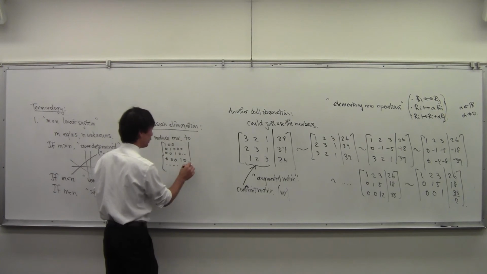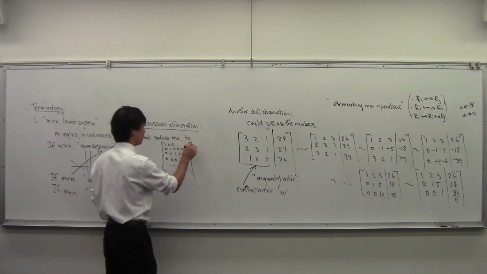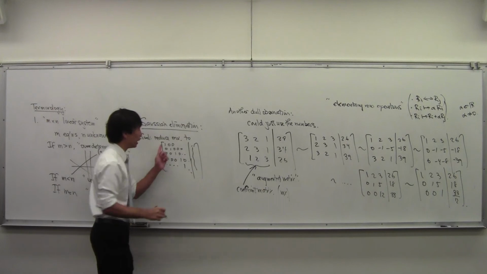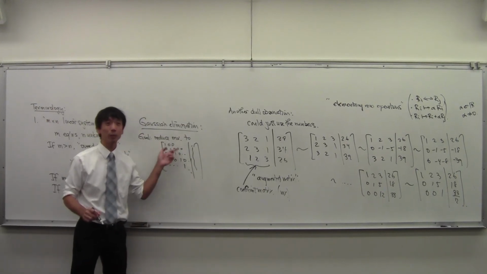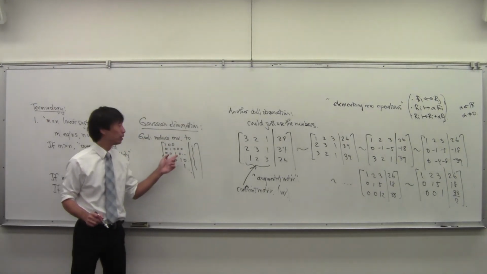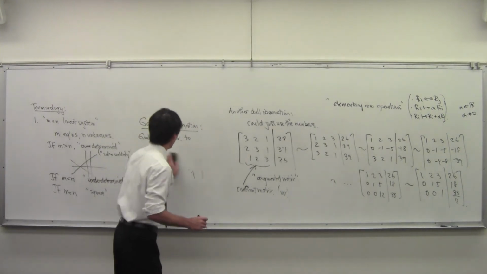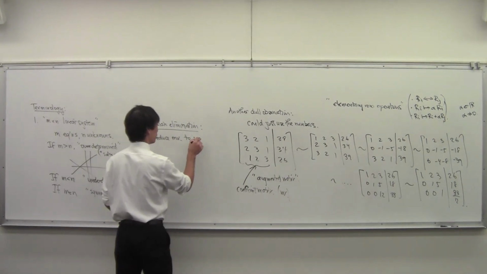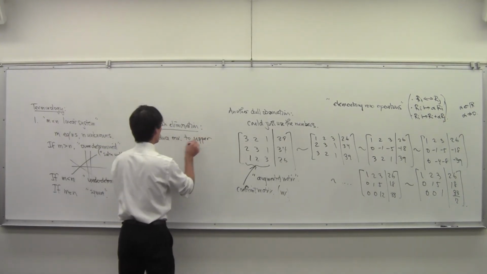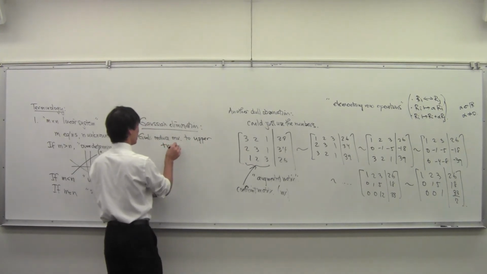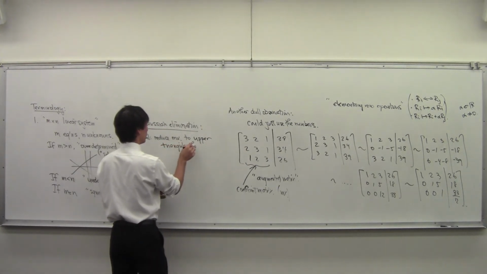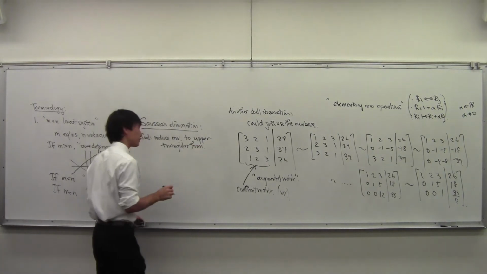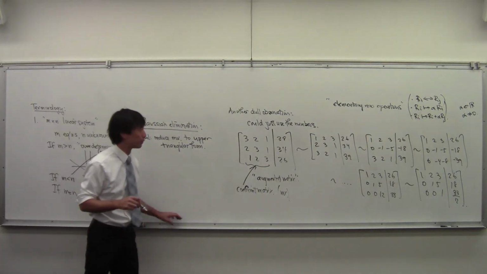If you had some matrix that was ones down all the diagonals, that would be great. Or maybe let's say it this way: reduce the matrix to upper triangular form. That's not exactly right, but it's close enough.